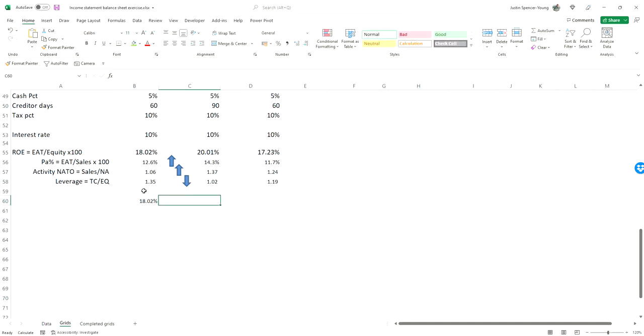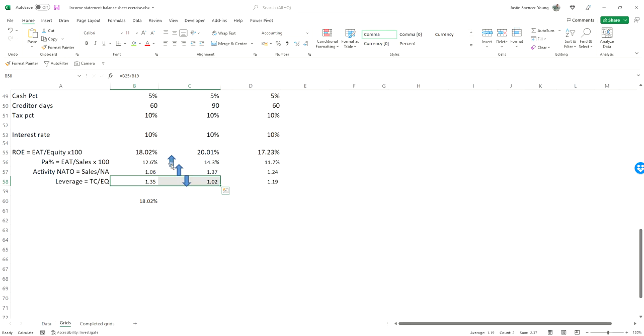Now, this is a bit counterintuitive. You would think debt going down would help, and it does, because it reduces the interest expense, which means there's more profitability. But by reducing the debt, it means there's often more equity in the business, which hurts the return on equity calculation.